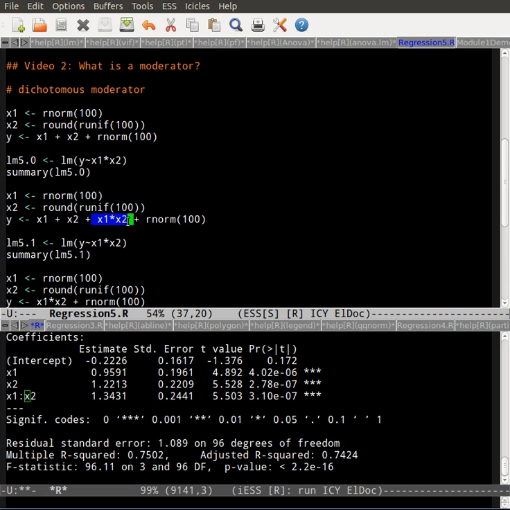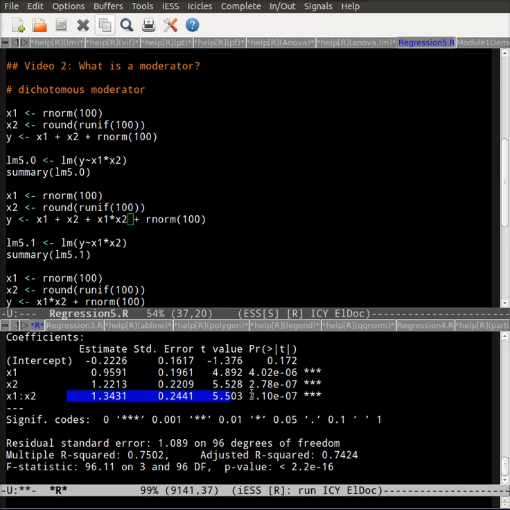The moderation is telling us that x1 alone cannot help us predict y. x2 alone cannot help us predict y. It's the combination of x1 and x2 that's a significant predictor. Now, in social and behavioral sciences, typically what we would say is that if you have a significant interaction, you ignore the main effects. Why is that?